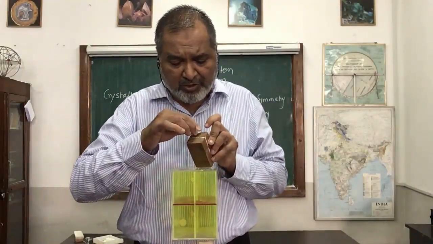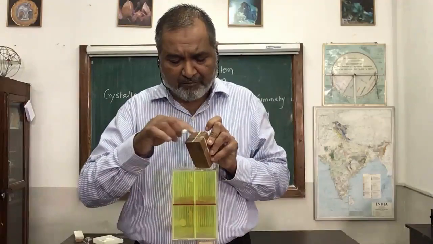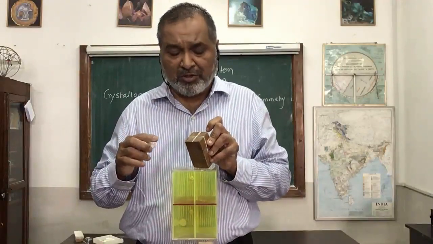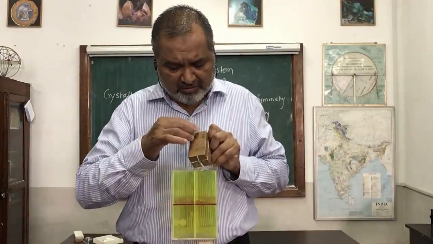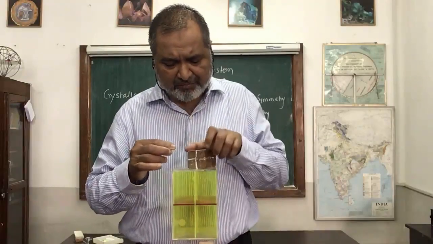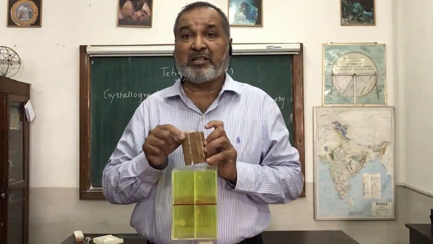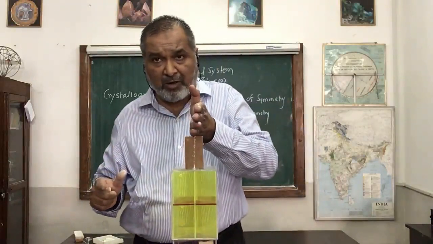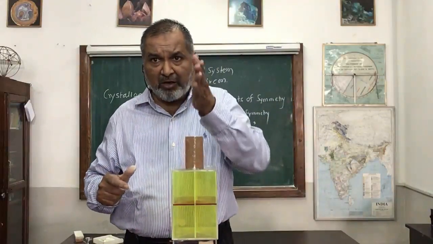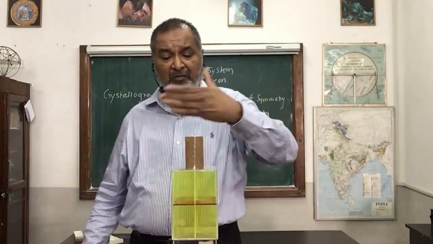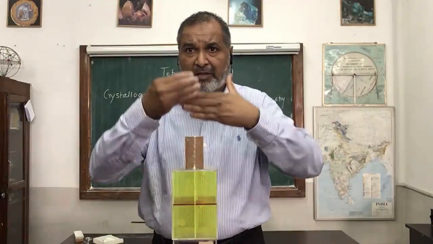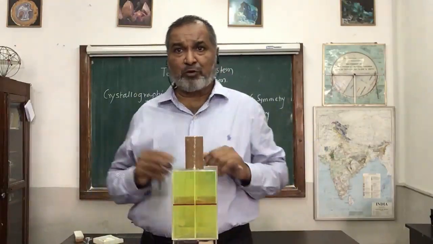Forget about this one because we have already drawn it. If we assume this is the continuation, we get the second. So this is the second possibility. The front one plane means the left will be the mirror image of the right, and the front will be the mirror image of the back. These are the 2 planes.